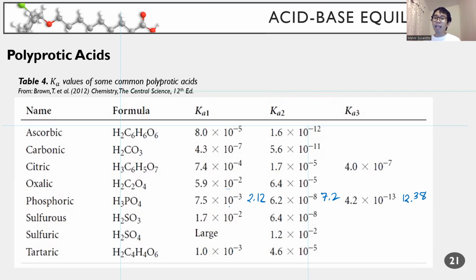If you want to maintain the pH at around 6.2 to 8.2, the best option is to make a buffer from dihydrogen phosphate and hydrogen phosphate. Okay? And if you want to maintain the pH at around 11.38 to 13.38, the best option is to prepare a buffered solution from hydrogen phosphate and phosphate mixture.